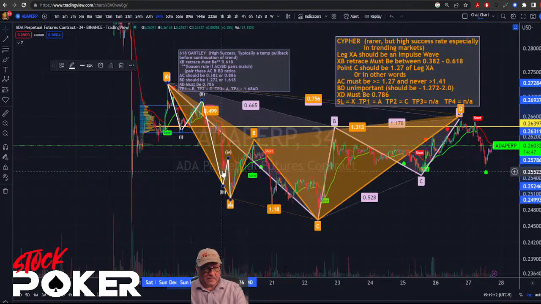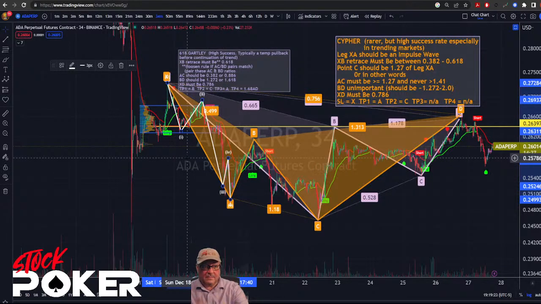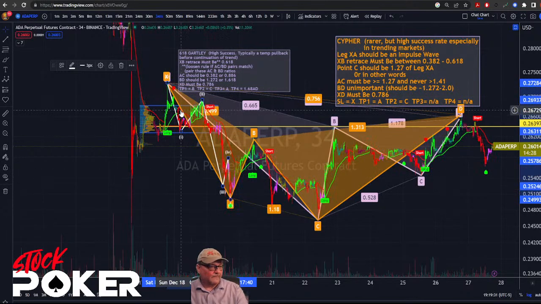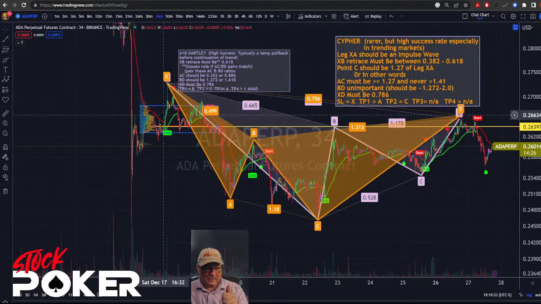Impulse waves are hard to draw because they also follow Fibonacci rules, and they have rules unto themselves. Basically, a zigzag would be a 3-point, like ABC, and an impulse would be a 5-point, 1, 2, 3, 4, 5. This first leg has to be choppy. So if this first leg is choppy, that's good news.